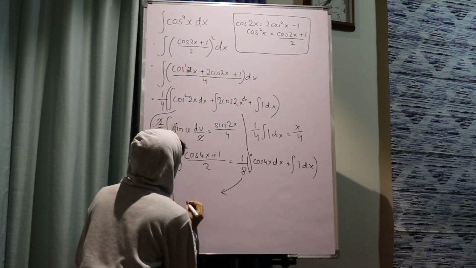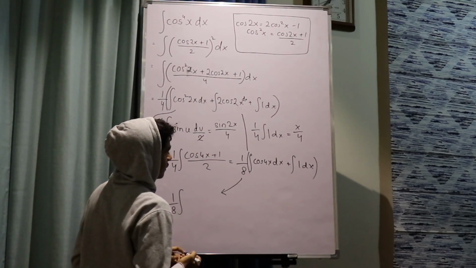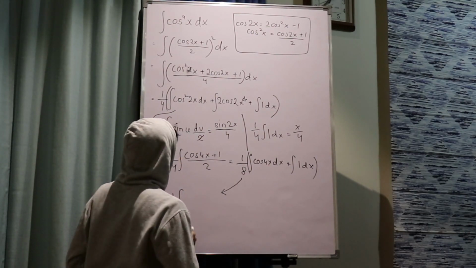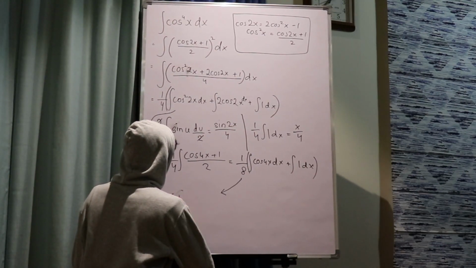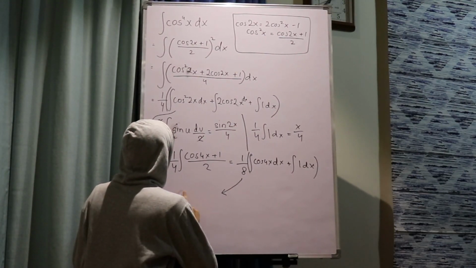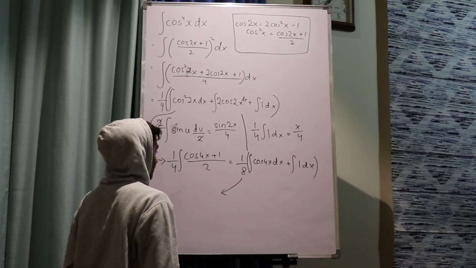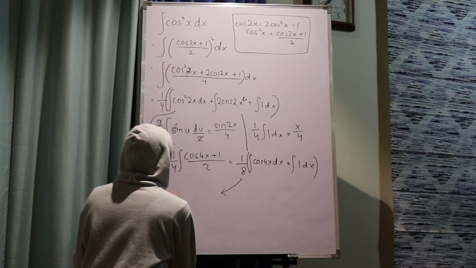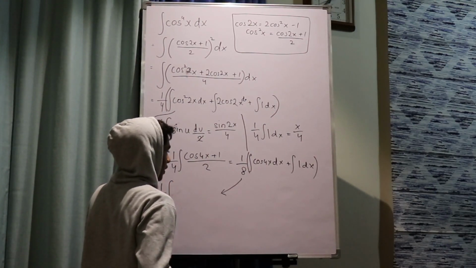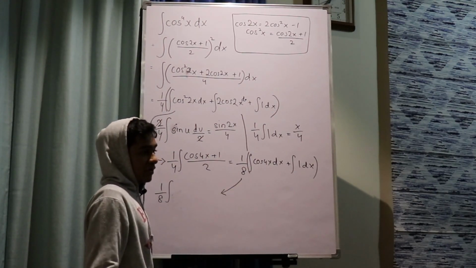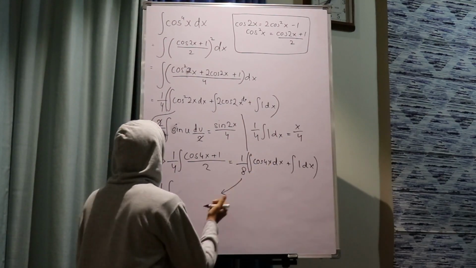So this is basically 1/8 times the integral of cos 4x. I'm going to do this a bit higher because I'm running out of space. I don't want to erase everything again. So 1/8, the integral of cos of x, as we know, is sine of x, right? And then we use u substitution again.